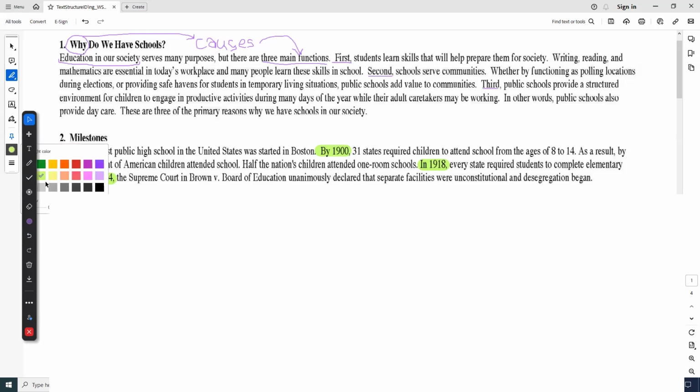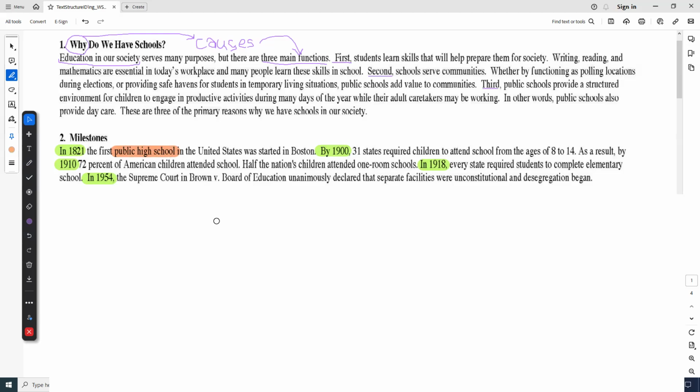Yeah, I think you're right there. Yep. Not just any school, right? But here it's talking at least about public high school, which I guess would show that high school wasn't always a huge component of the school system in the US.